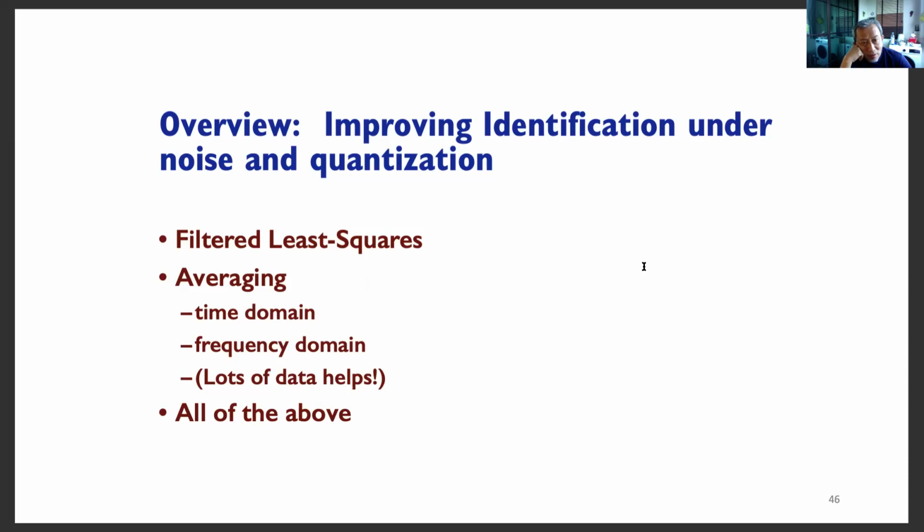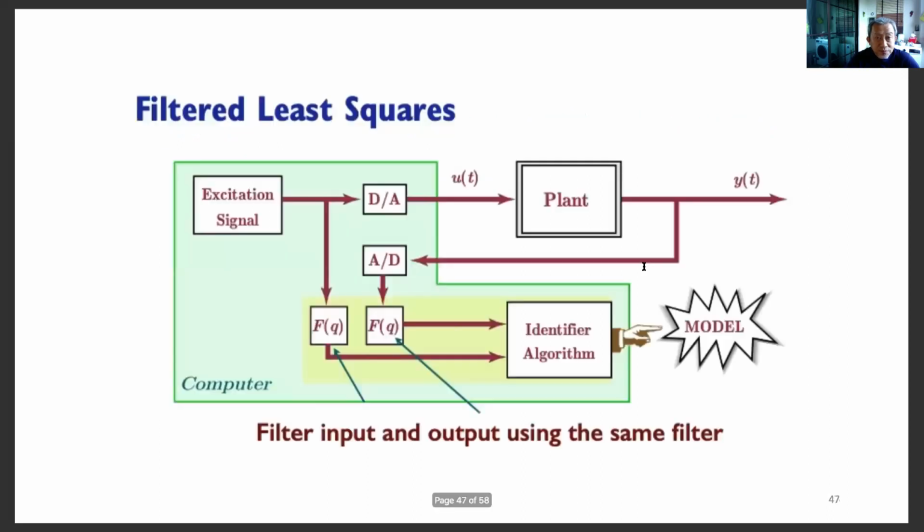These are two kinds of amendments that we did on the least square estimator. By improving the identification under noise and quantizations, we applied a filtered least square and then we averaging it, in time domain and frequency domain, where lots of data will be used during the improvement of this technique.